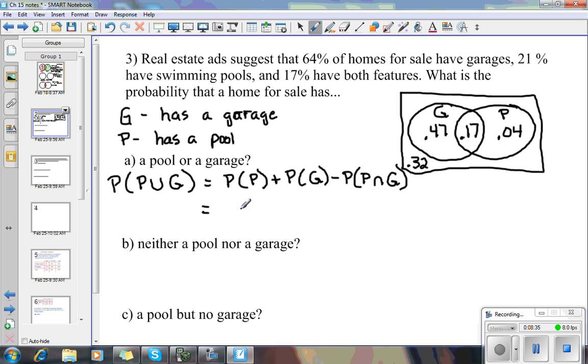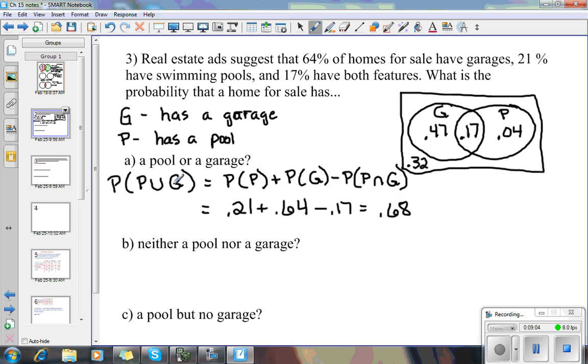Plugging in those values, the probability of a pool is 0.21. The probability of a garage is 0.64. The probability of a pool and a garage is 0.17. And if you go ahead and evaluate that, you will get 0.68.